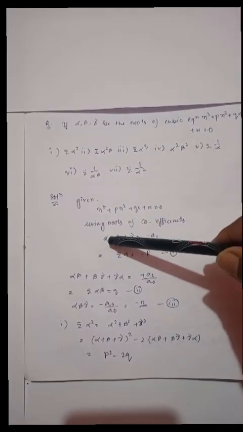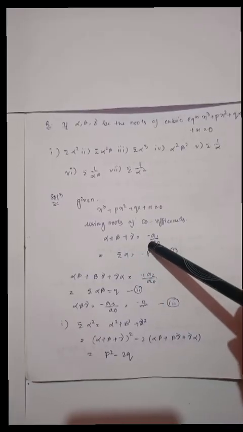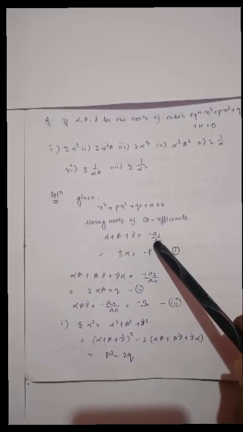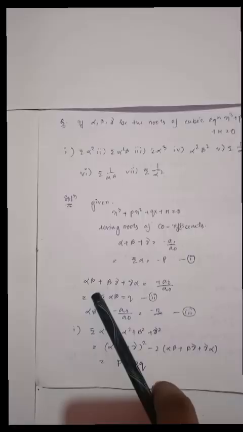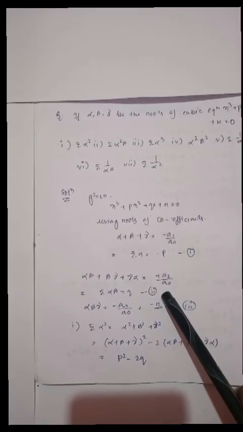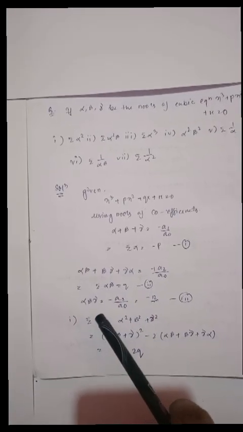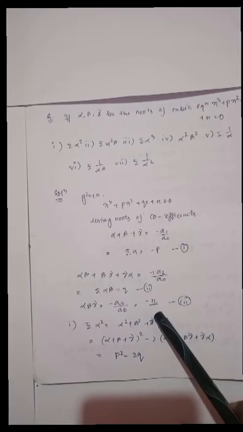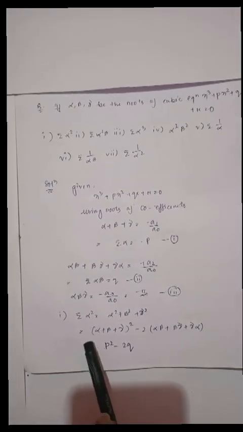Now we apply the equation and coefficient relation, so we get alpha plus beta plus gamma is equal to minus a1 by a naught. Then alpha beta plus beta gamma plus gamma alpha is equal to a2 by a naught, which ultimately gives q. Then alpha beta gamma is equal to minus a3 by a naught, which ultimately gives minus r.